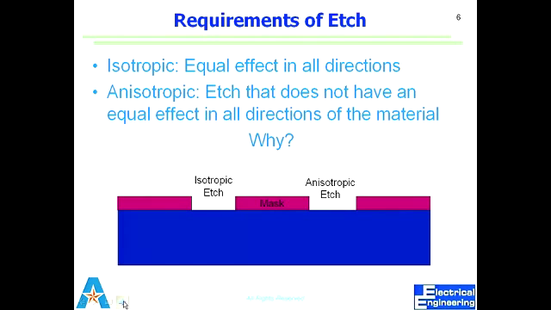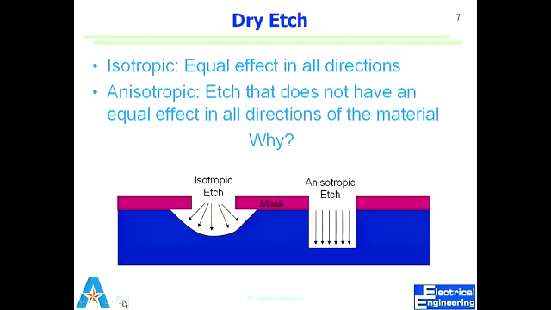But the idea is that if you look at dry etch, this would be something that will go in all directions, but an anisotropic etch will give us what we call high aspect ratio features. And why does it happen? Because a field gives the direction to ions, so they travel straight.